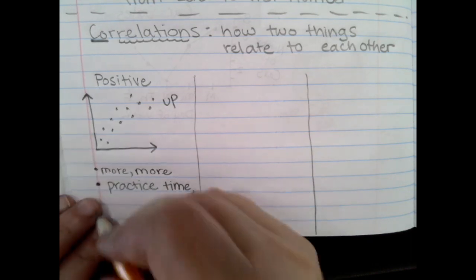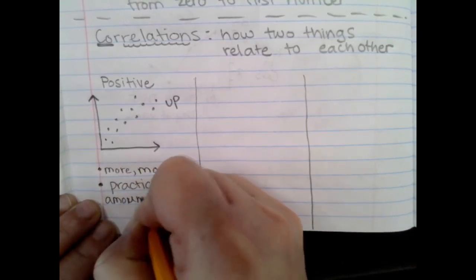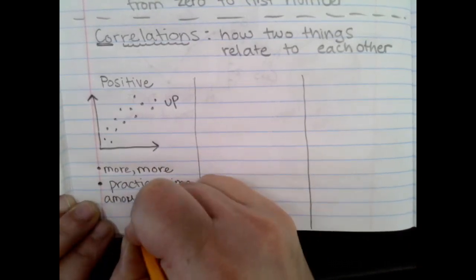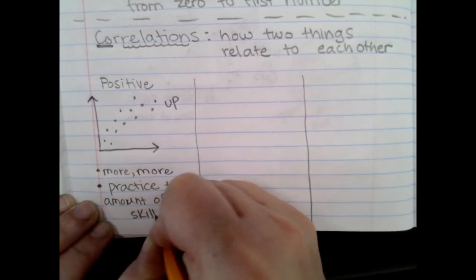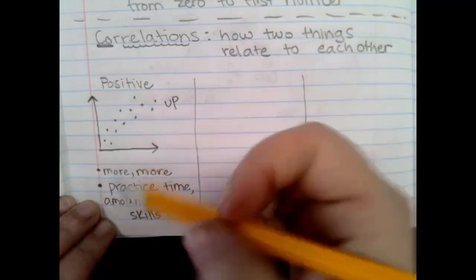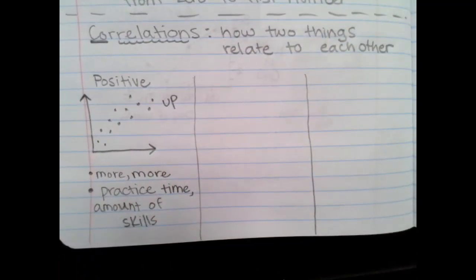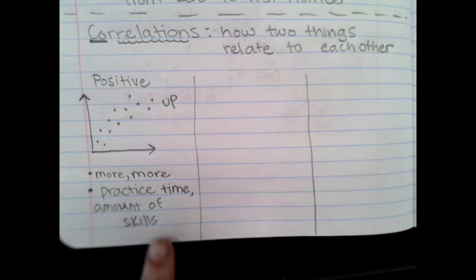So your amount of skills is what I was going to go with. If you're thinking more specific to drawing, the more you practice drawing, the more accurate your drawings are. If you're practicing basketball, maybe the more baskets you make, or the more wins your team has. So that's just an example.